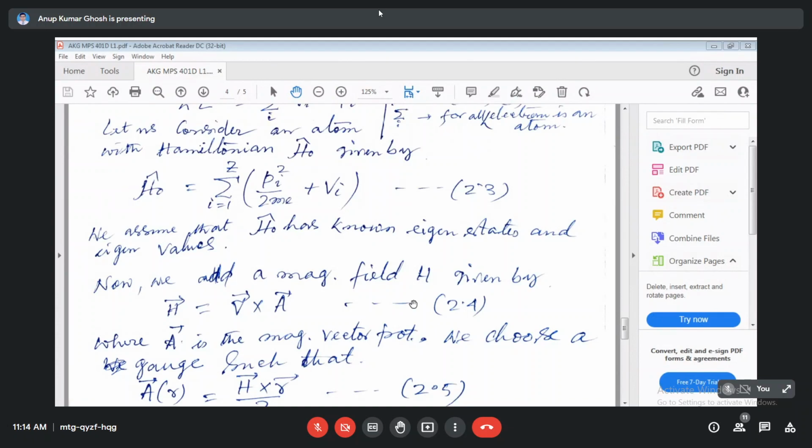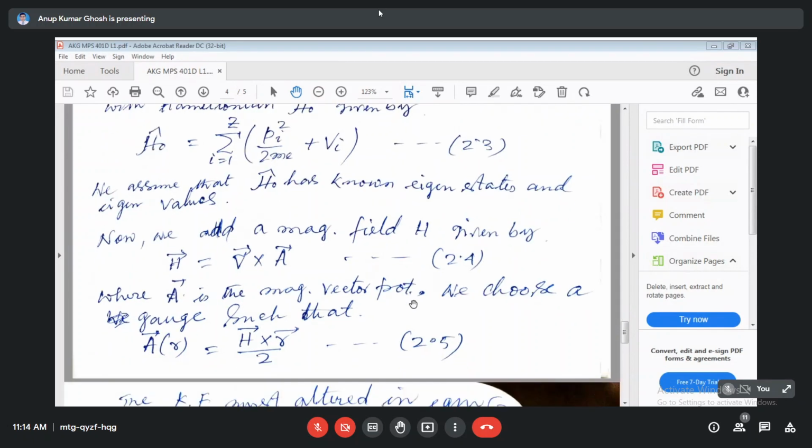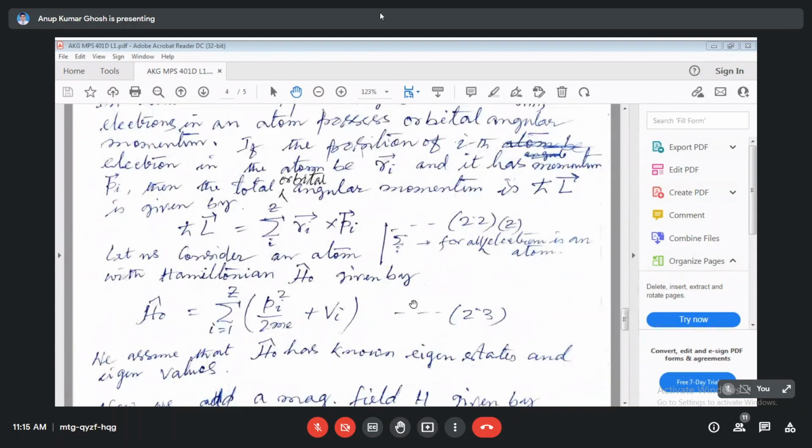Now we add a magnetic field H given by H equal to del cross A, where A is the magnetic vector potential. We choose the gauge in such a way that A of R equal to H cross R by 2. I will start it in my next class.